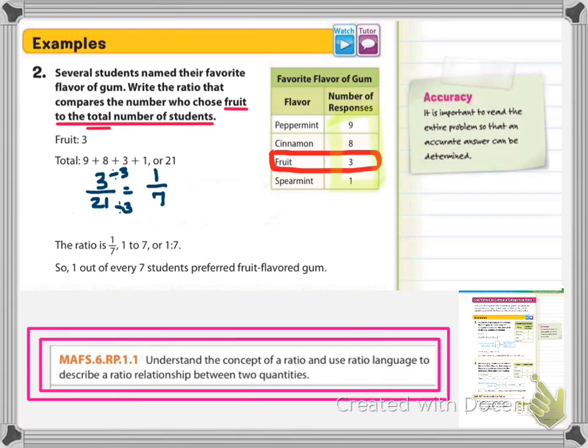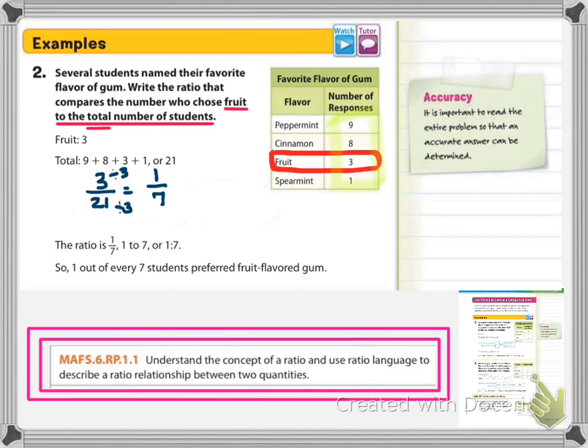So on this one here it says, 1 out of every 7 students preferred fruit-flavored gum. So instead of us saying that for every 1 piece of fruit-flavored gum there's 7 other flavors, that's not the case, because that's really not what that means.